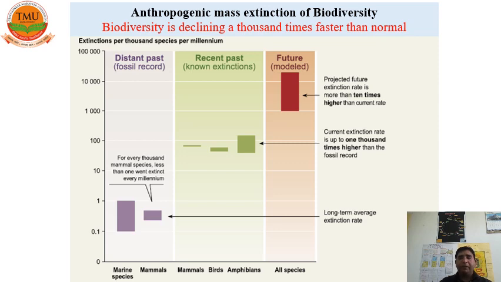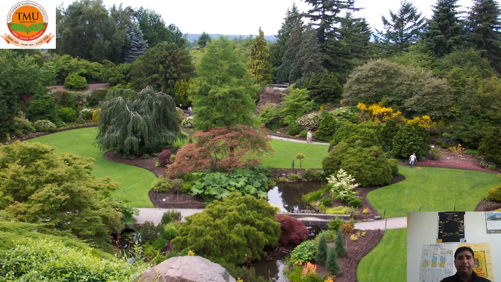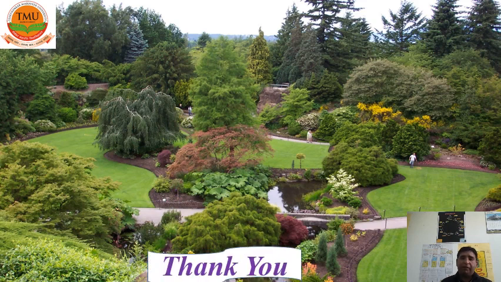Therefore, it is very important to protect biodiversity, protect the environment, and preserve the integrity of the environment, because our life depends on it. It is our life supporting system. Without it, we cannot survive. Thank you very much.